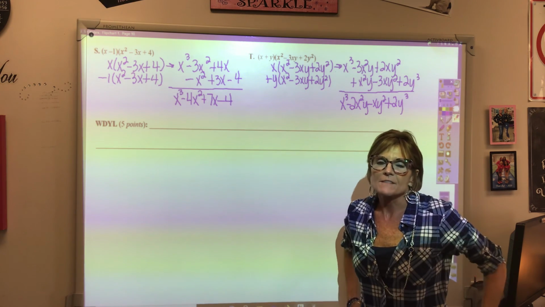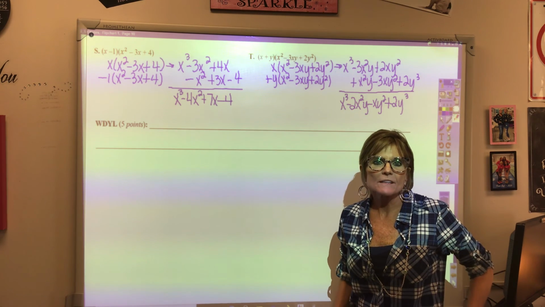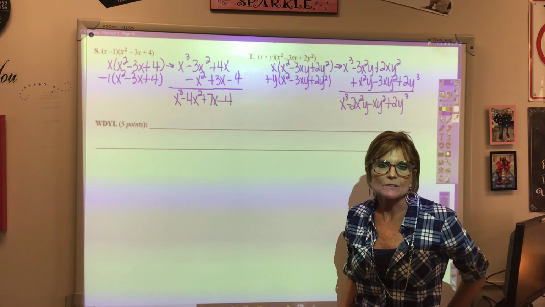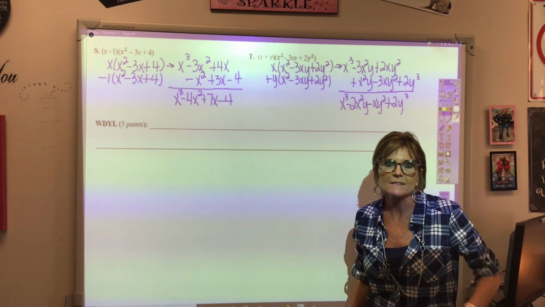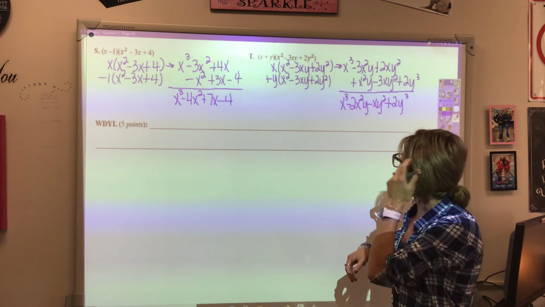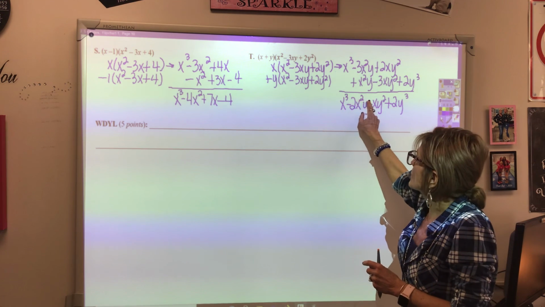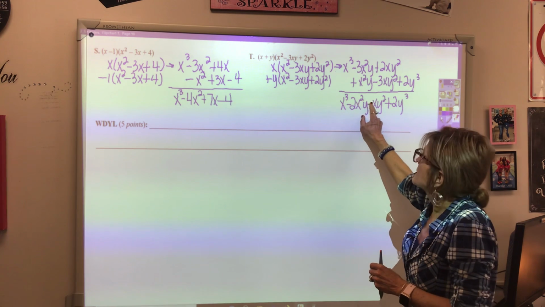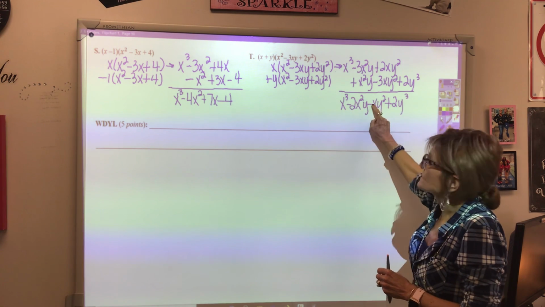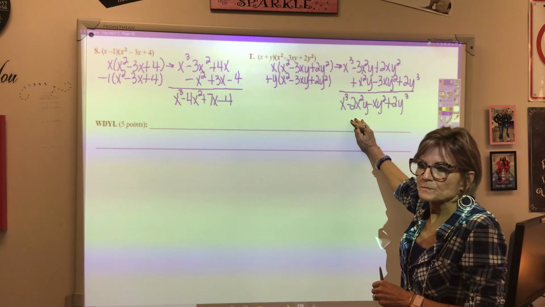All of these have the same degree, and so it doesn't really make sense to rewrite this in descending power order since the powers are the same. The reason I say that is because x squared y, that's to the third, that's a degree of 3, as are these. So is xy squared. So this is fine to show your answer like this.